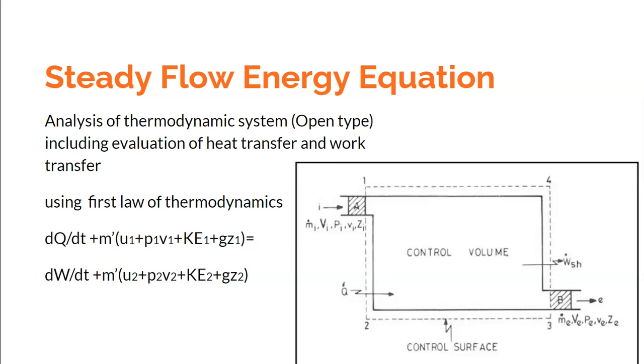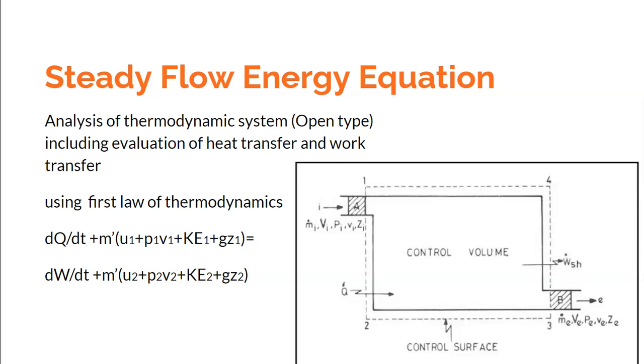At the inlet, certain mass is entering, which has a volume V1 and a velocity C1. The pressure is P1 and it is elevated by some Z1. Whatever notations we use, either I for inlet or 1 for inlet, and 2 or E for exit.